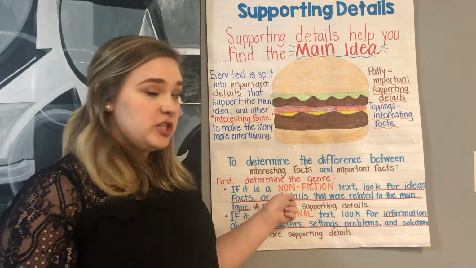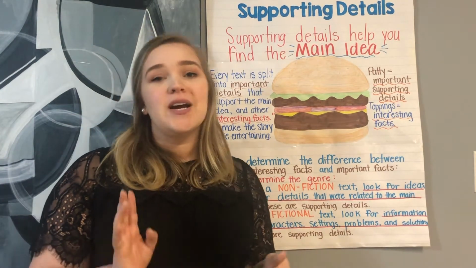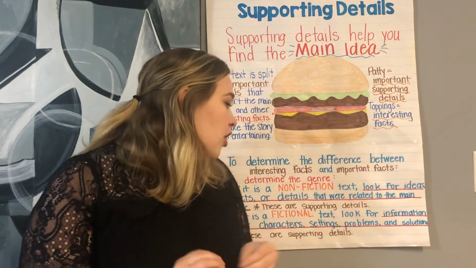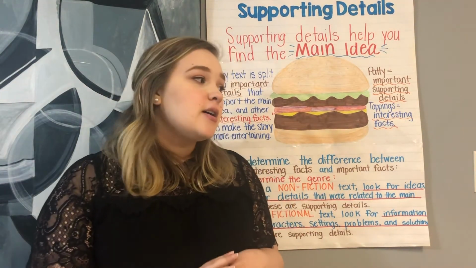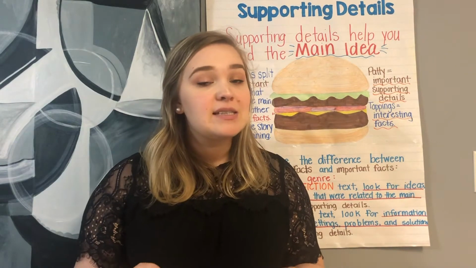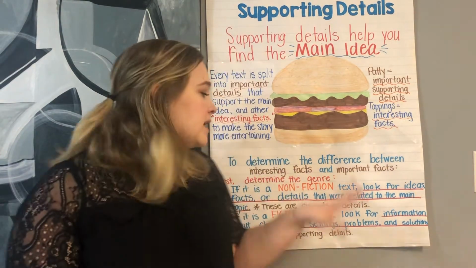In a nonfiction text, you want to look for ideas, details, facts that are all related to the main topic, which is easy to figure out in a nonfiction story. A lot of the time, the main topic is the title, or it will be in the first paragraph. You can figure out what the main topic is right away, all right?